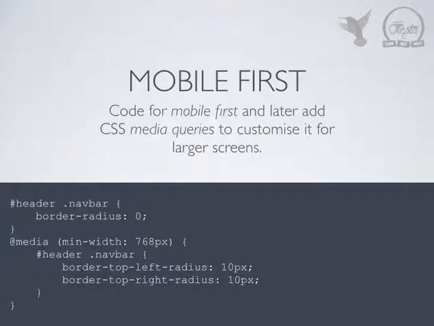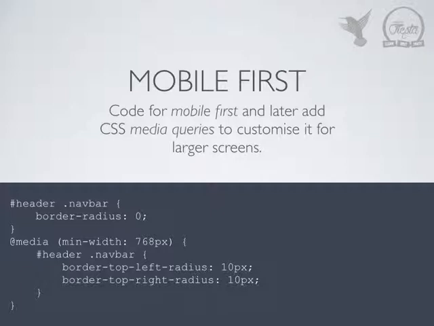Okay, so this is one of the examples of mobile-first CSS code. By default, I'm specifying that my border radius is going to be 0 on navigation. So basically, that means that when I load a website on a mobile phone, it's going to stick as a square to the top of my screen, right?